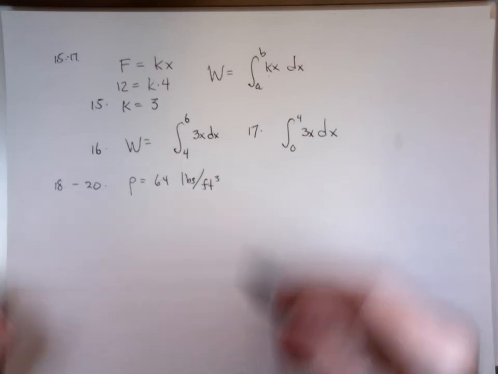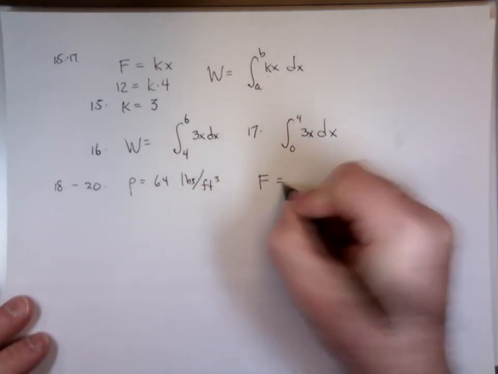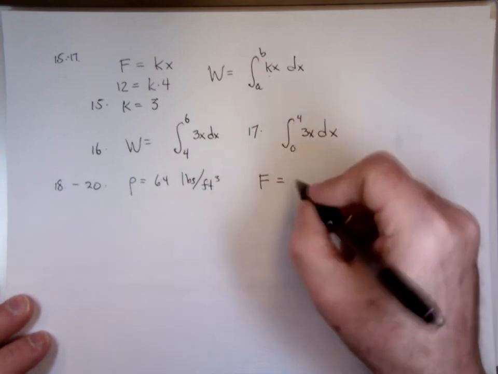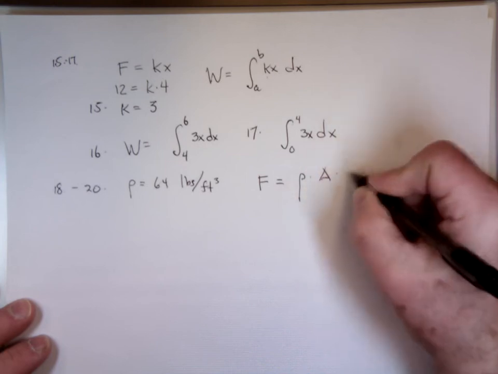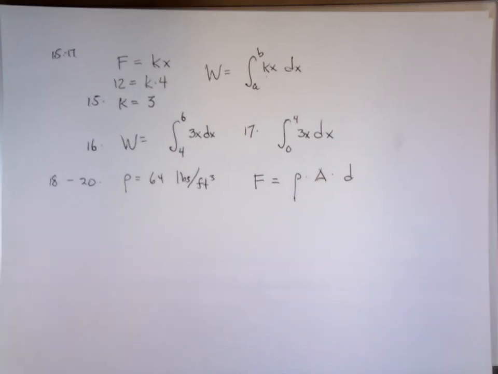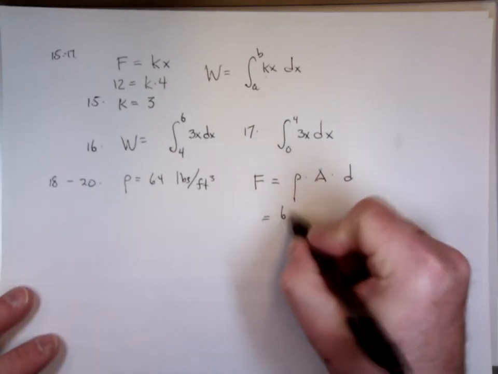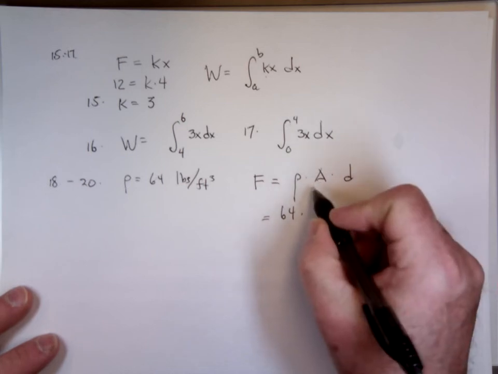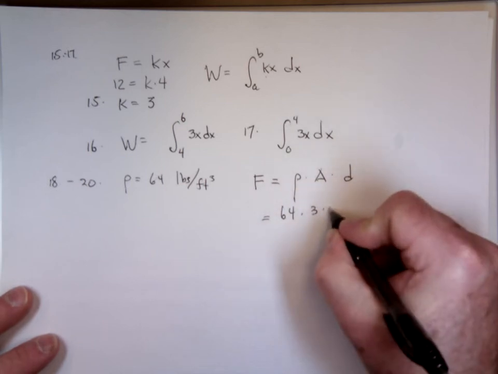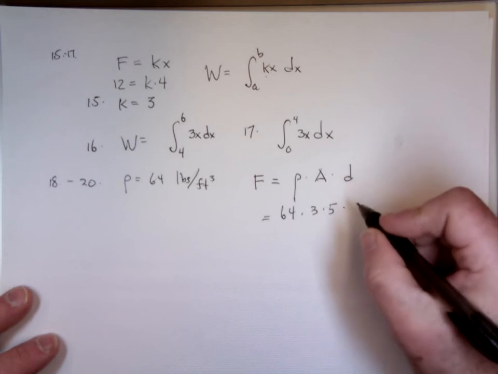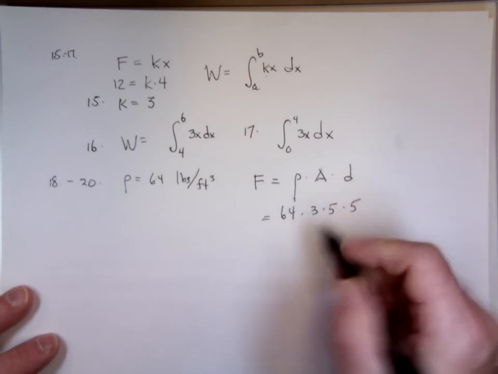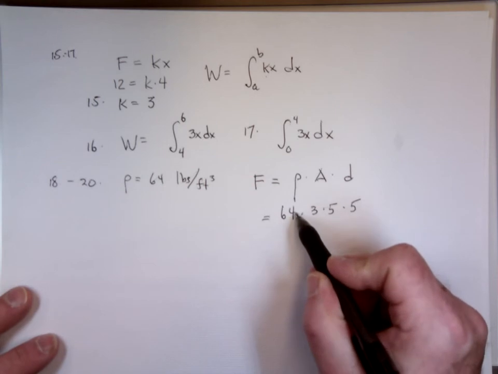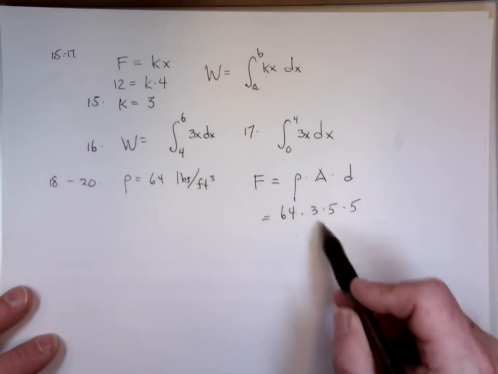The force is equal to the density times the area times the depth. Okay? So it's the density times the area, which is 3 by 5, times the depth, which is equal to 5. Please note, you've got so many pounds per cubic foot here, then you've got feet, cubic feet, cancel cubic feet.